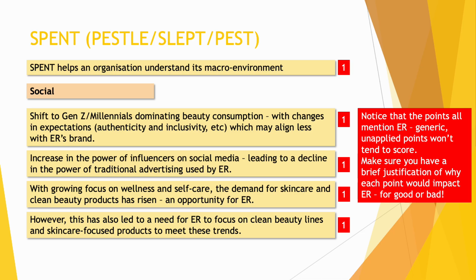So make sure you briefly justify each point as to how it would impact ER for good or for bad. Okay. Again, keep it brief. It only needs to be a sentence or two, but there's got to be some justification as to why it is a relevant point. And you'll see that as we go through all the other stages of SPENT as well.